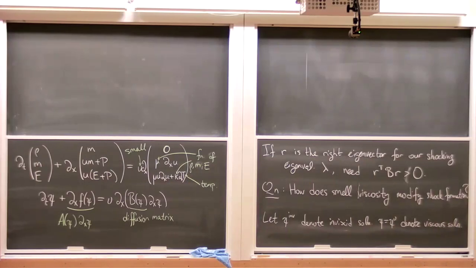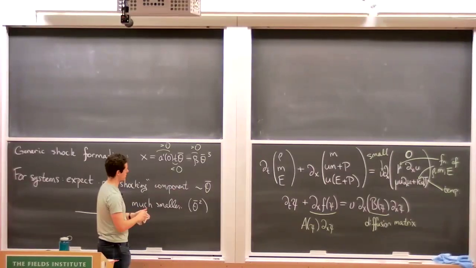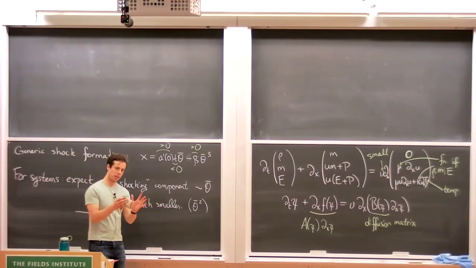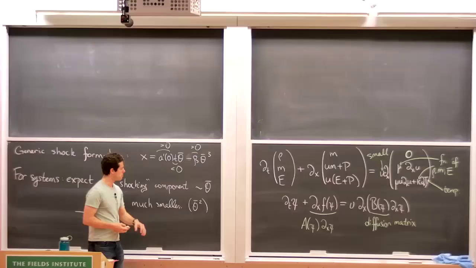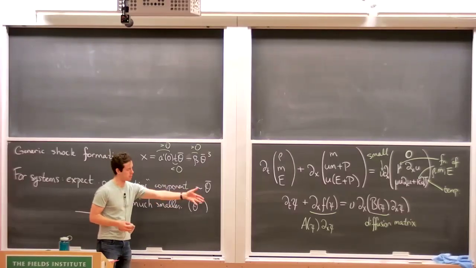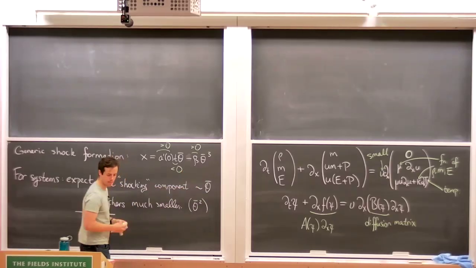So we have this model, theta bar, that I've said describes the behavior of the inviscid solution close to shock formation. And the first thing I want to calculate is how close can I get to that gradient catastrophe before theta bar ceases to be a good model when I try to plug it into my viscous problem.